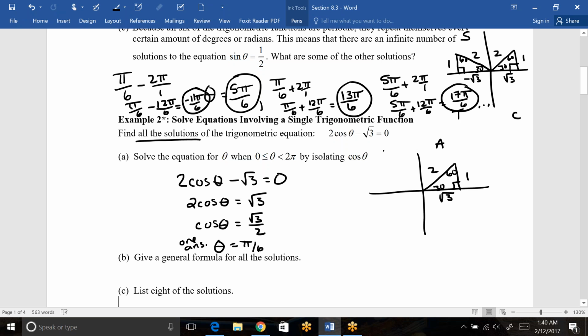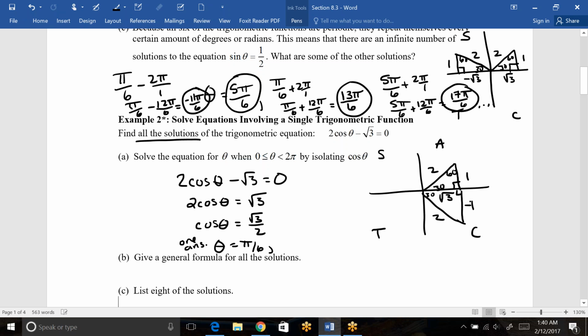Now remember, when we're dealing with cosine, we don't want to be in quadrant 2 to have another positive. We want to be down here in quadrant 4. So this is also a 30-degree reference angle. This is 1 here, and this is 2, but still adjacent is square root of 3, and hypotenuse is 2.